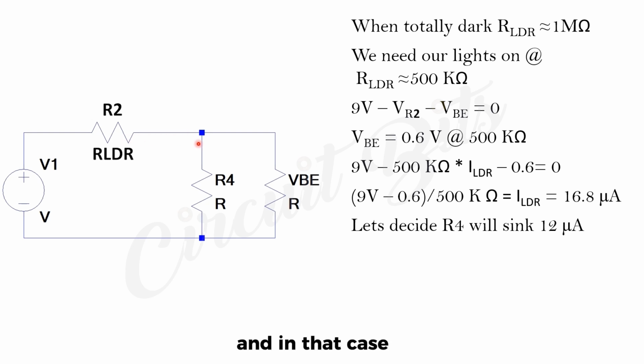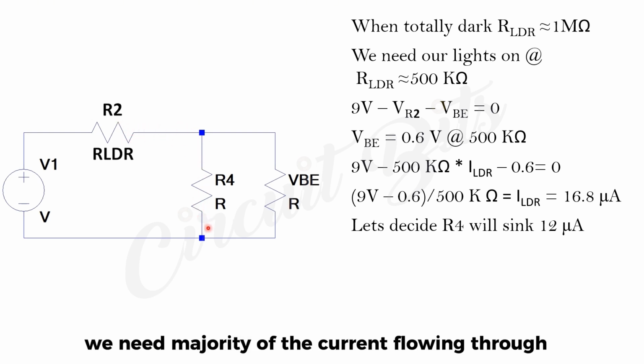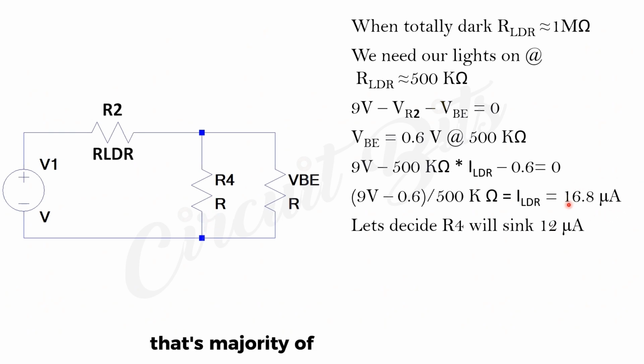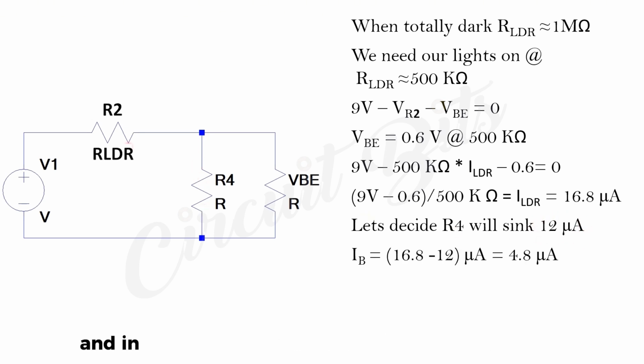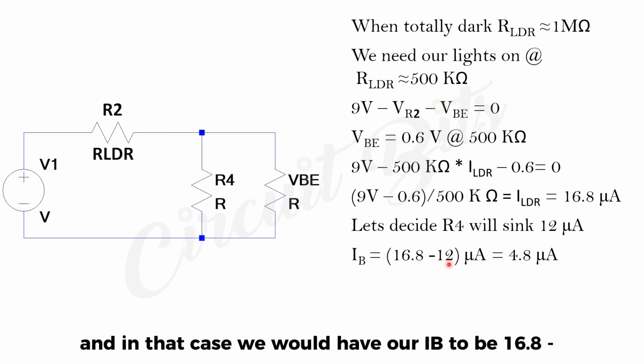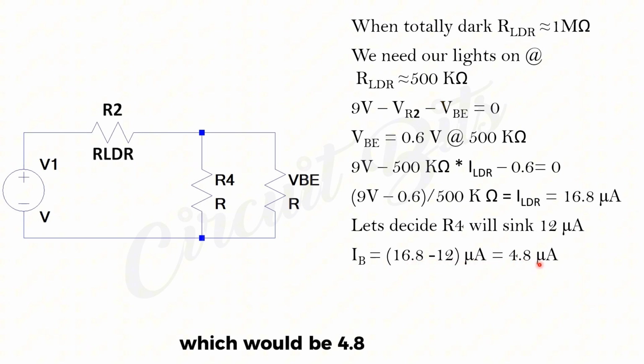And in that case, we need the majority of the current flowing through R4. That's the majority of the 16.8 microamps. So we would decide to sink 12 microamps through R4. And in that case, we would have our IB to be 16.8 minus 12, which will be 4.8 microamps.